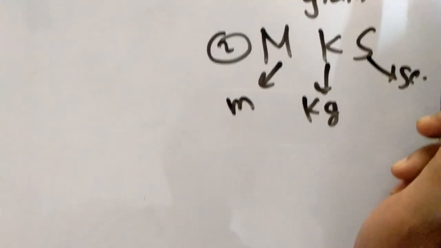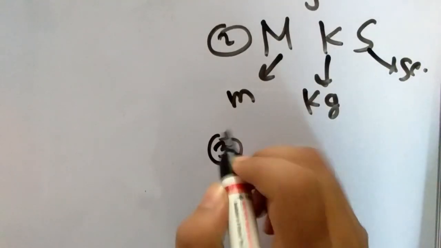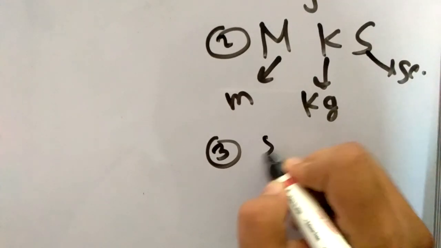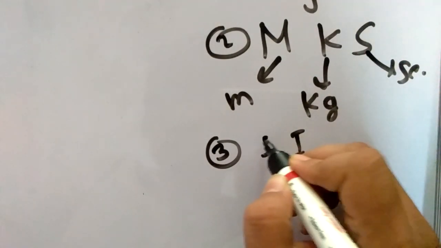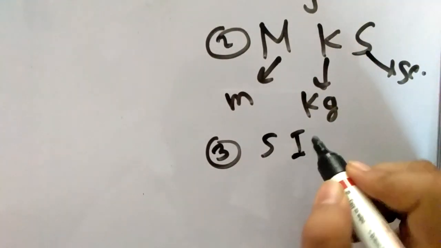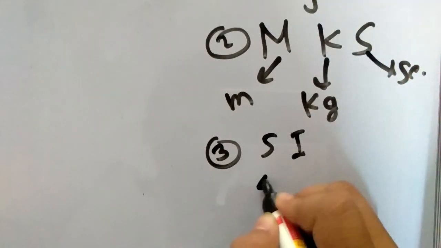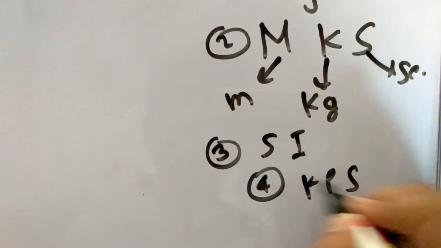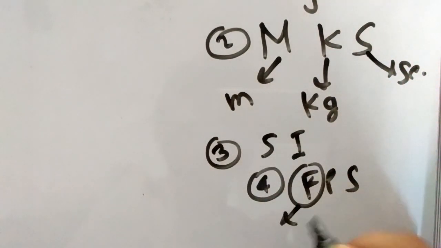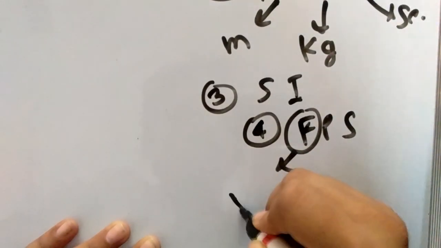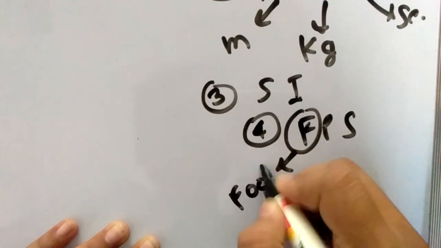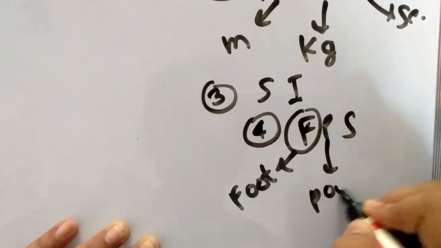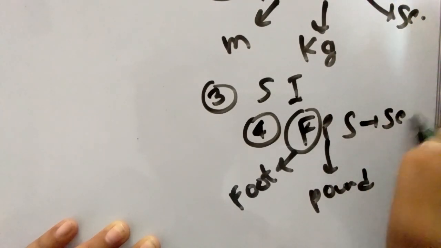Then third is SI system, which is System International. It is accepted all over the world, System International. And fourth is FPS, which is foot, pound and second.